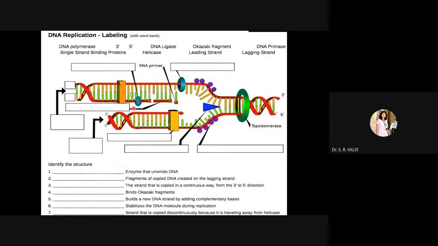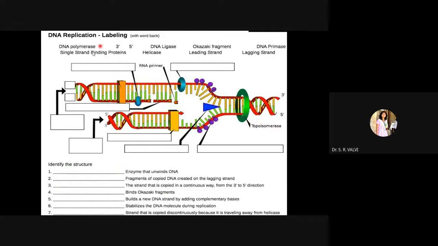Now this is the homework assignment for you. I have kept this assignment in my lecture so that I will know who is listening to all my lectures. I have given empty boxes where you have to write the names of the particular enzymes as well as the names of these strands.